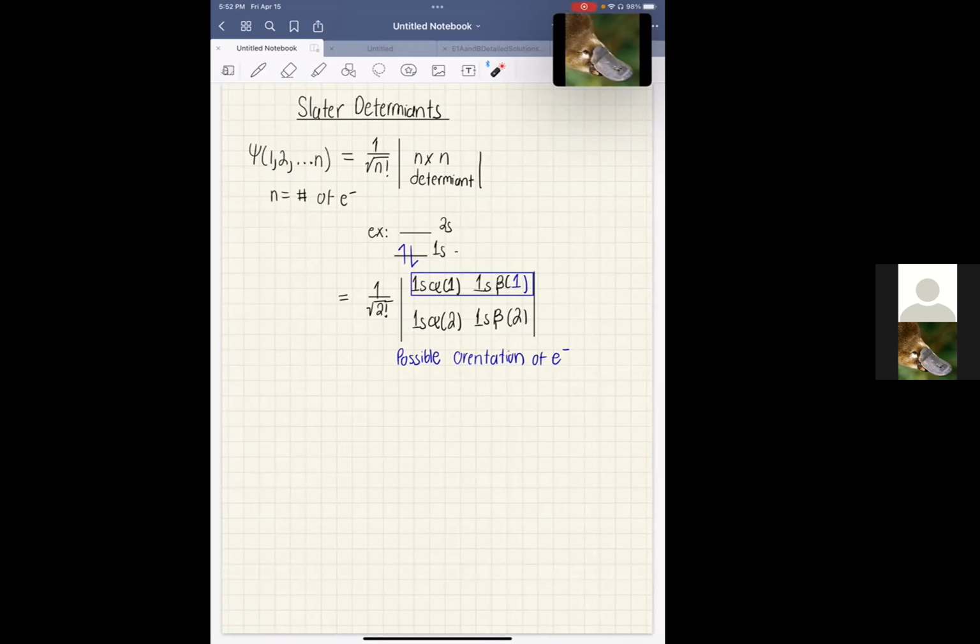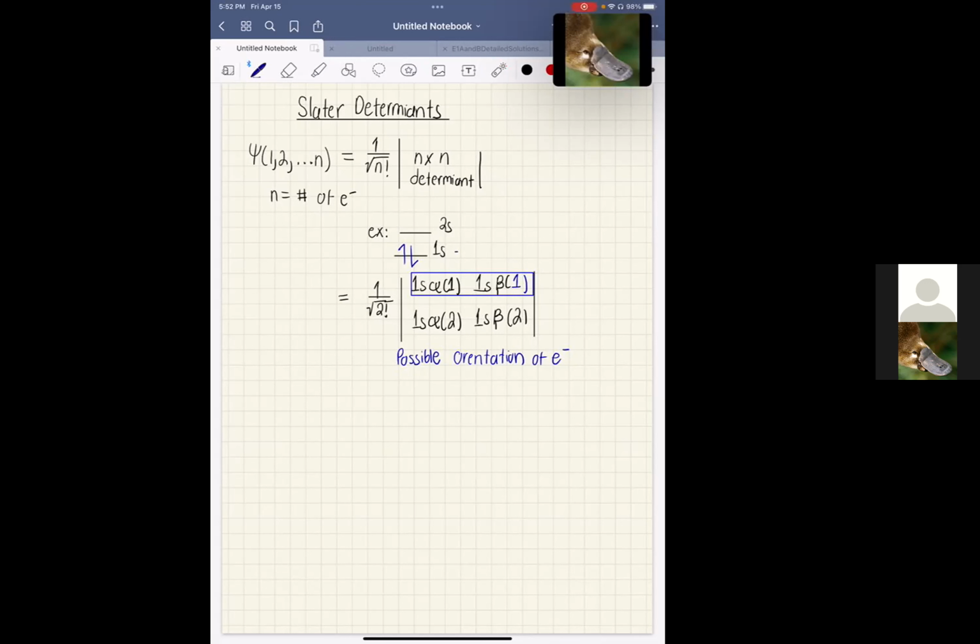Basically, Slater determinants help you determine the wave function of a multi-electron system. Right here we have a 1s example showing how you would make the wave function.